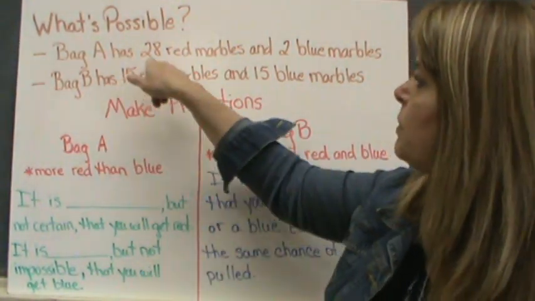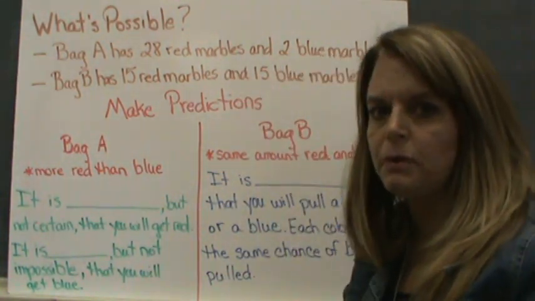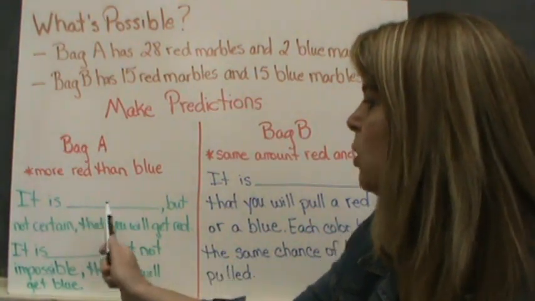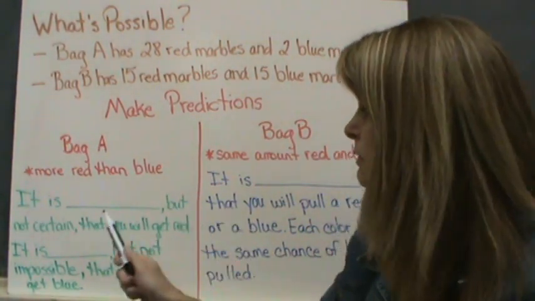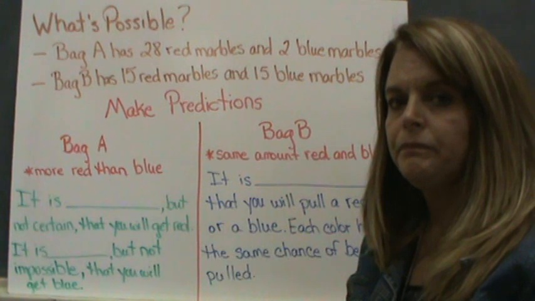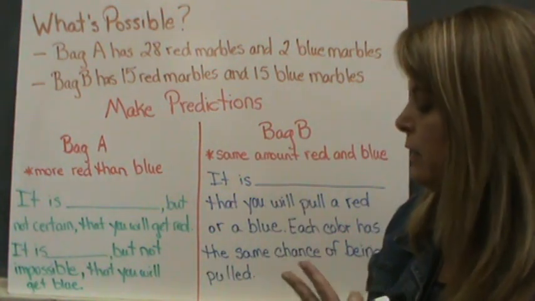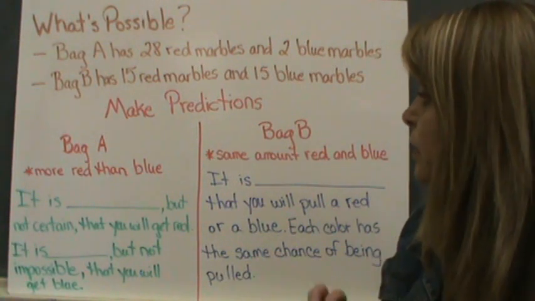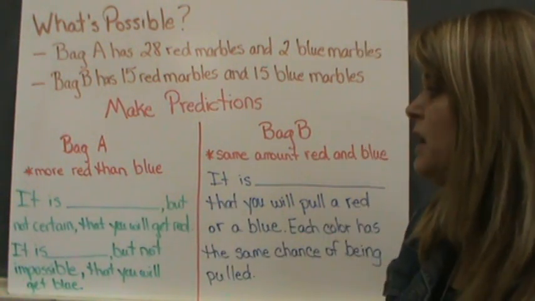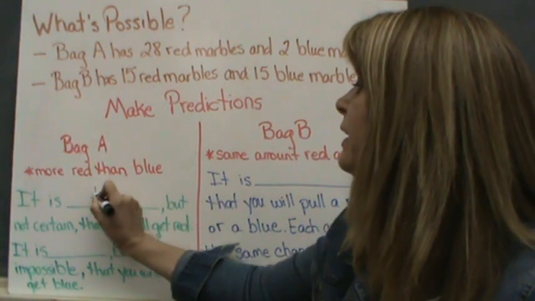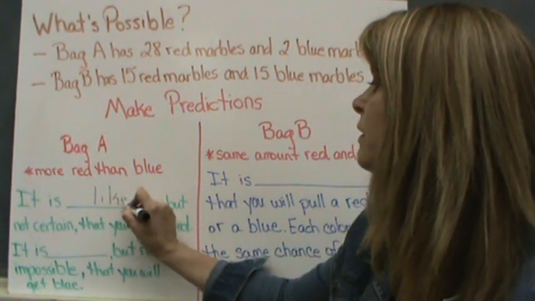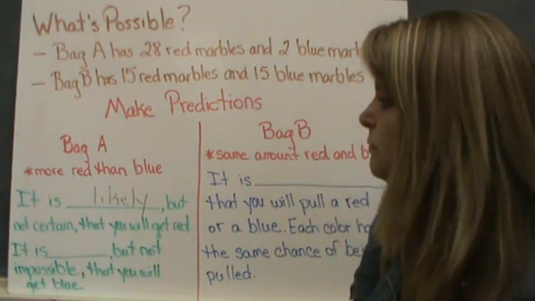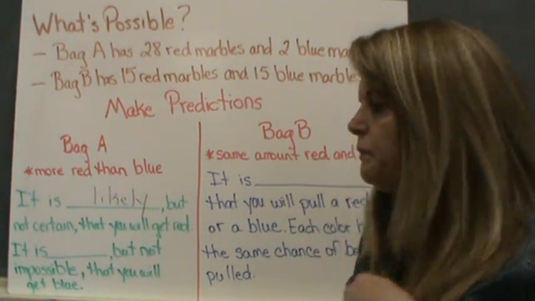Bag A, 28 red marbles, 2 blue marbles. More red than blue. It is possible, but not certain, that I'm going to get a red. Is it likely, unlikely, or equally likely that I'm going to get a red? Well, I have more red than blue, so it is likely, but not certain, because I might get a blue one, that I will get a red.